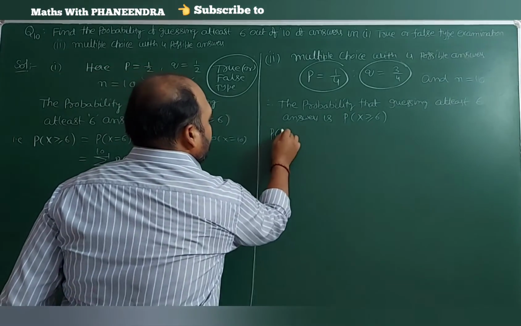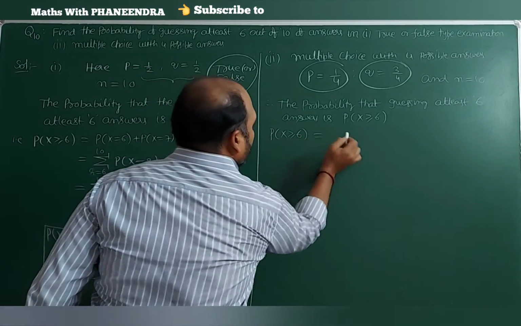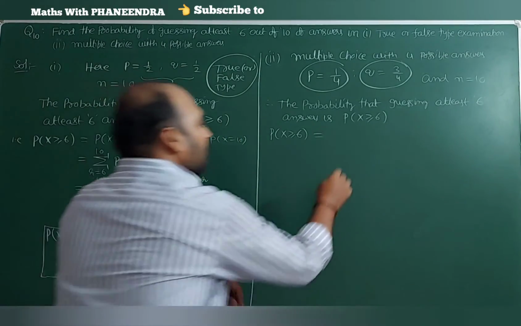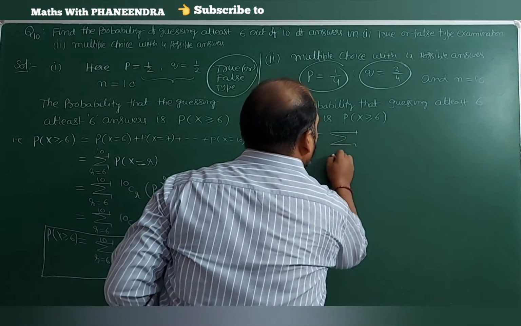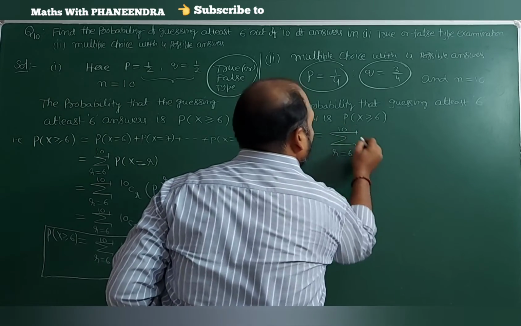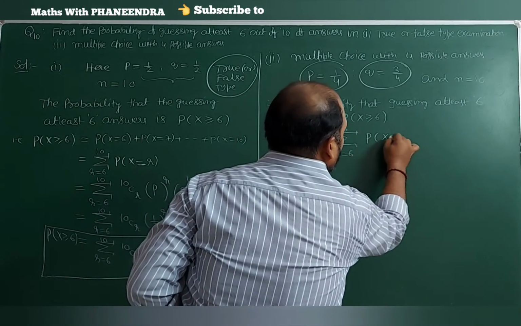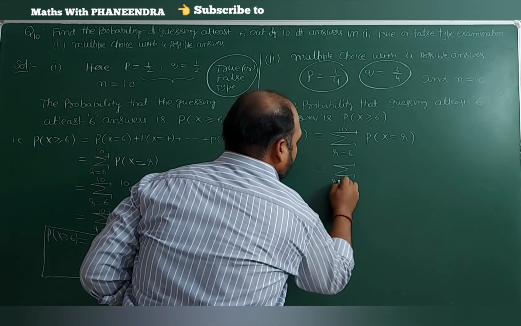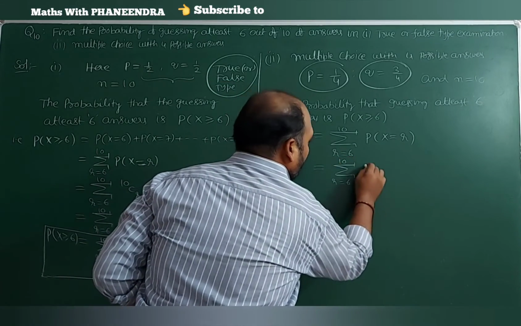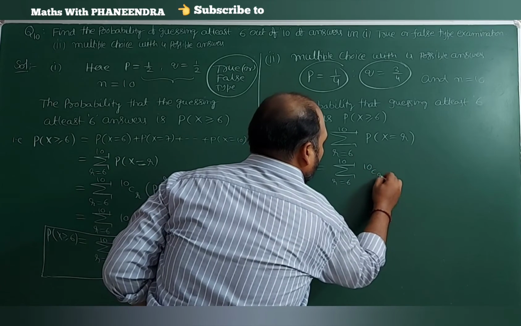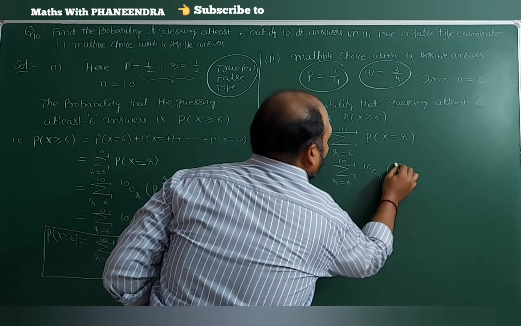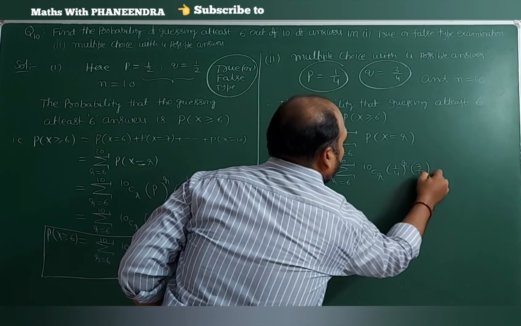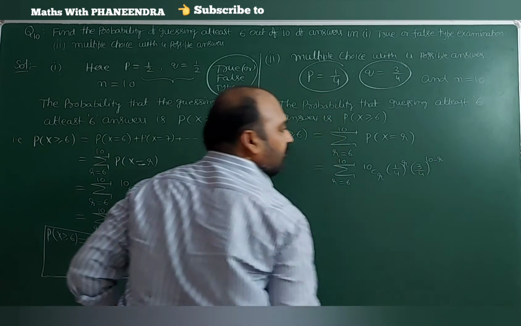So P of x is greater than or equal to 6 is equal to, directly this way we can write, summation r is equal to 6 to 10, P of x is equal to r. Substitute the respective values: r is equal to 6 to 10, 10 C r, P value 1 by 4 whole power r, 3 by 4 whole power 10 minus r.